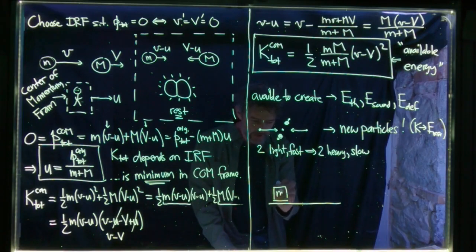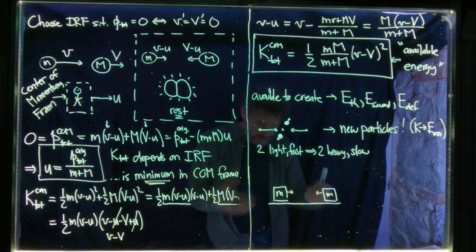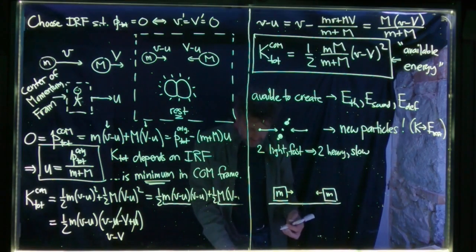Their rest mass is little m. When they're at rest and you pick them up and shake them around, they present a certain resistance to changes in the motion, and that's their rest mass, little m. But we suppose that these things are moving fast toward each other to have a hit and stick collision.